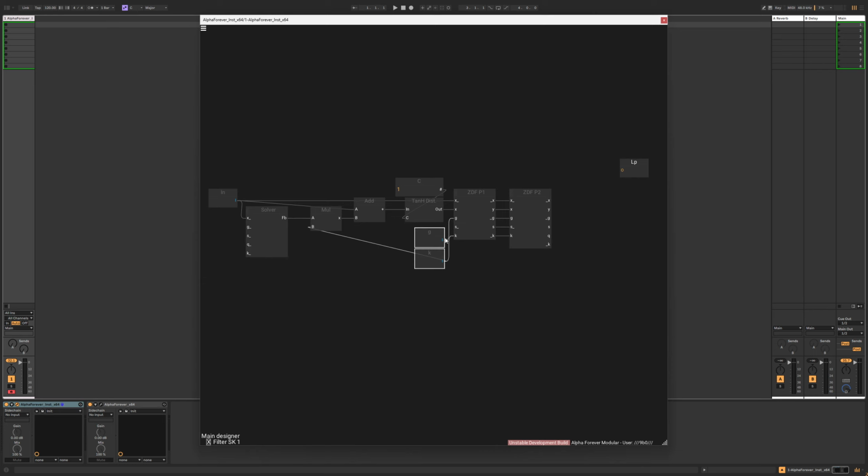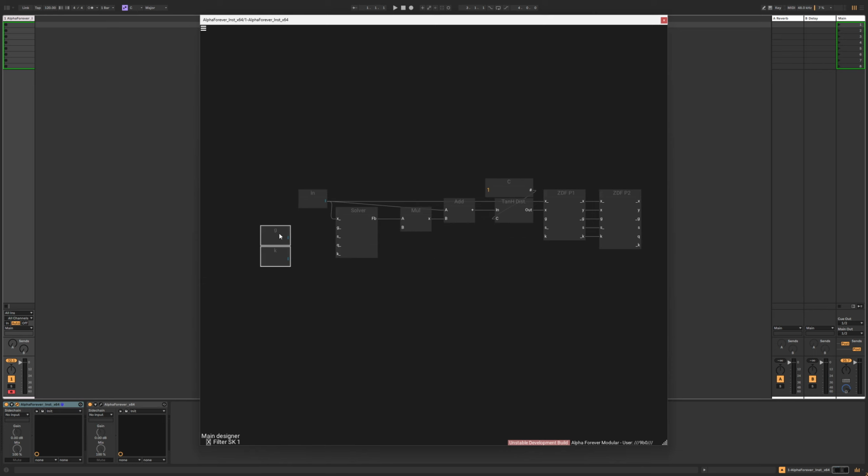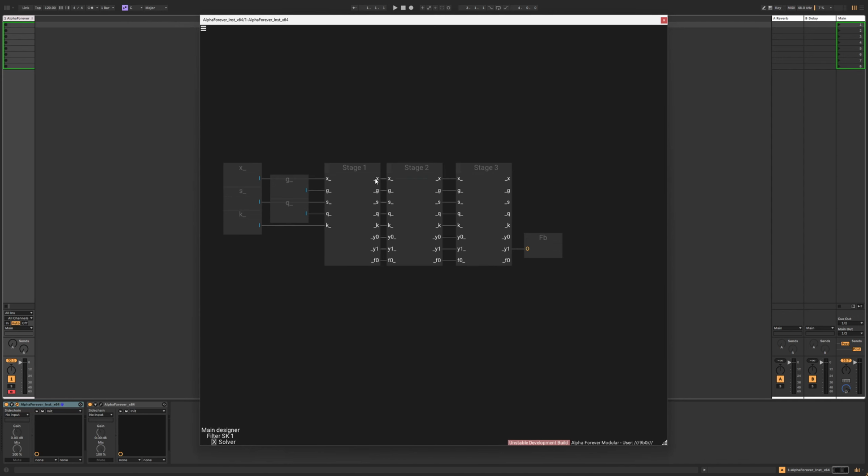And to keep this structure clean, I'm going to paste the G input and the K input here, and create outputs for G from inside of the node.